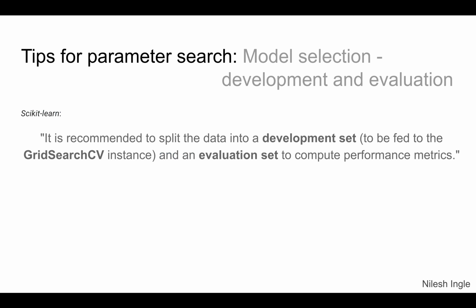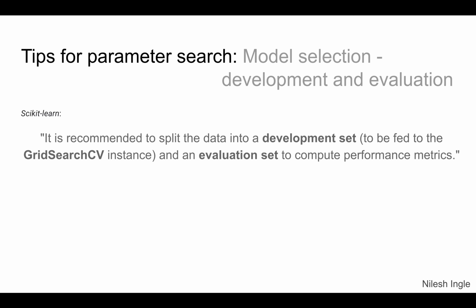Finally, for model selection, development and evaluation, what we have seen so far is that we split the data set into train and test set. We don't touch the test set, and we perform the cross validation on the train set, or we could also split the train into a validation set. But if we are using cross validation, then we would be using the folds, so splitting it further is not needed.